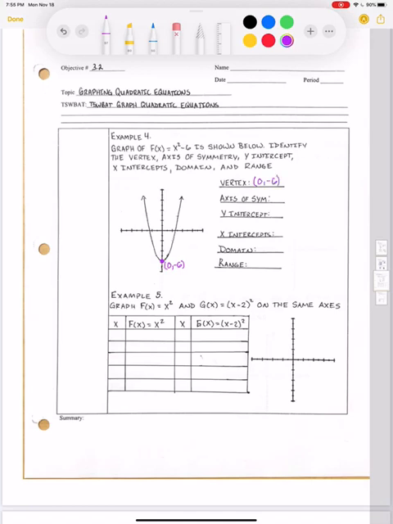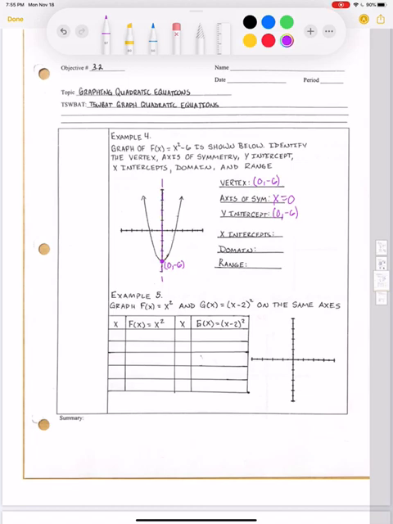The axis of symmetry is the line that cuts the graph in half. And it's always the x value of the vertex, so x equals 0. The y-intercept is where the graph crosses the y-axis, and that's, again, at the point (0, -6).